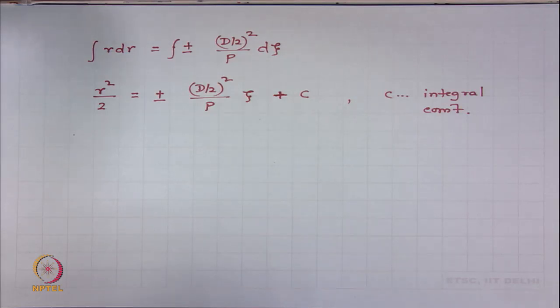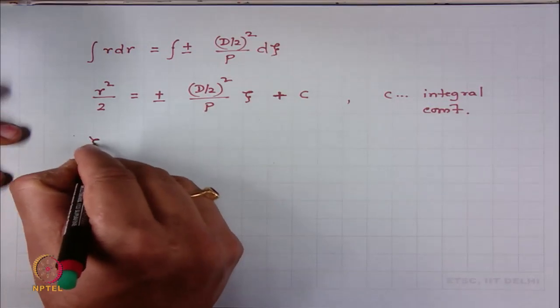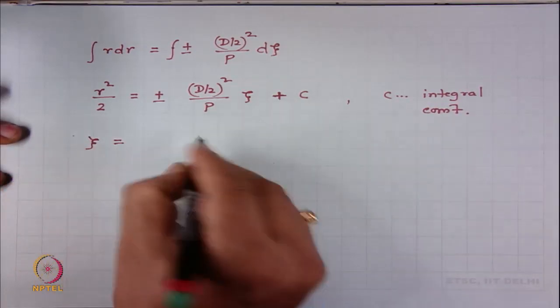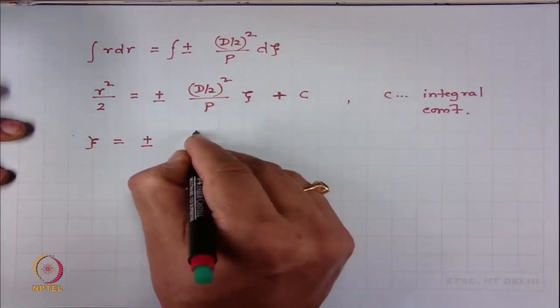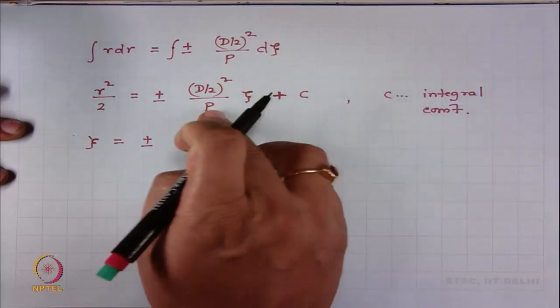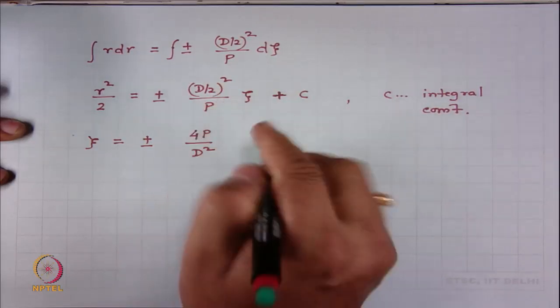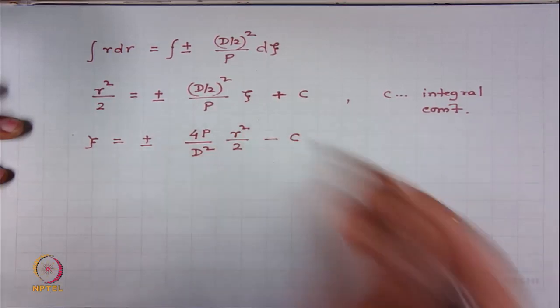Right. So, what is zeta? Zeta is equal to plus minus 4 p by d square r square by 2 minus c.